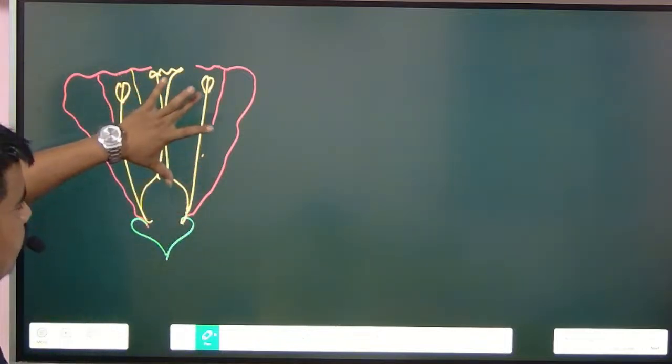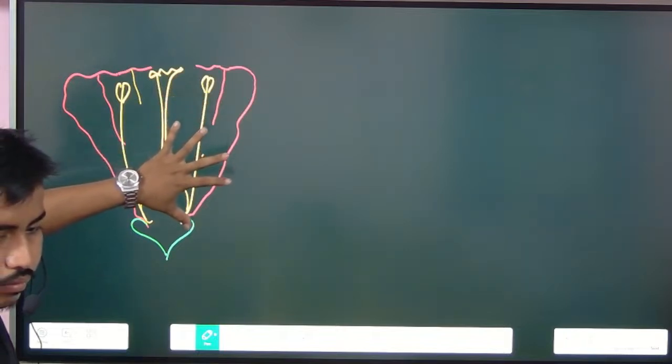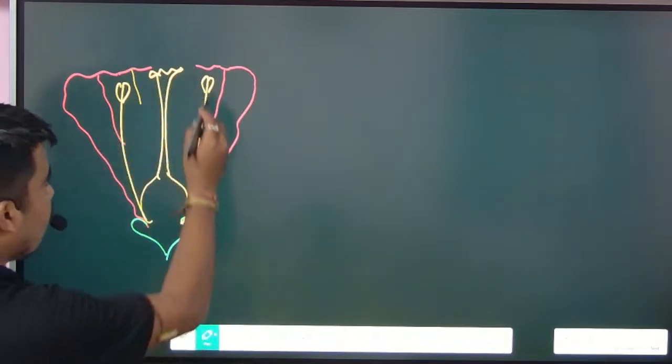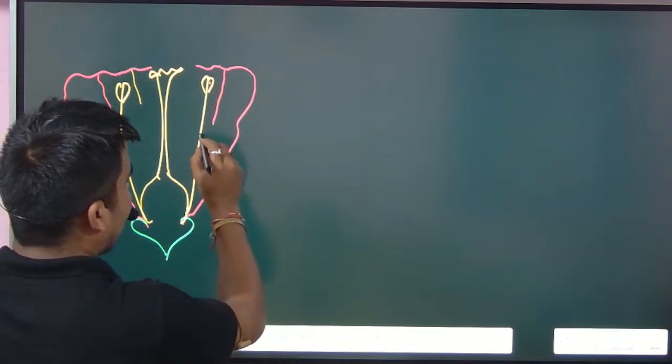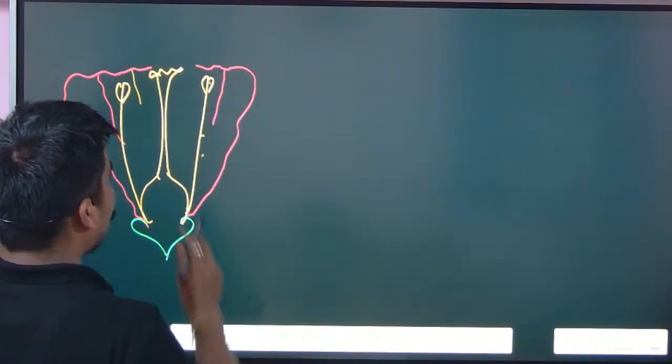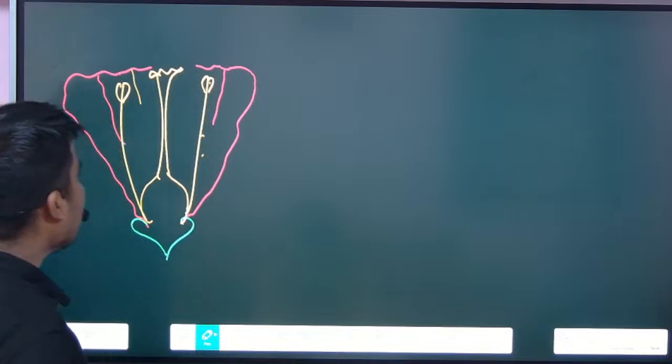It's a carpel, and this is the stamen, with anther and filament. It's called the stamen, and this is the carpel.